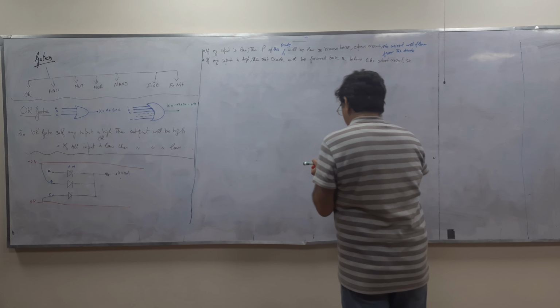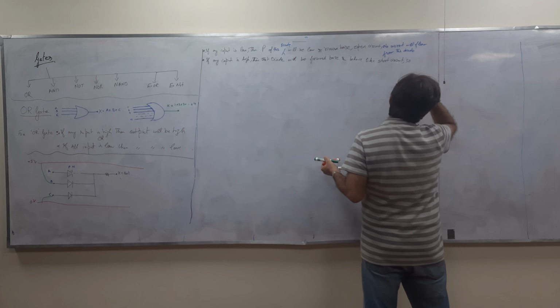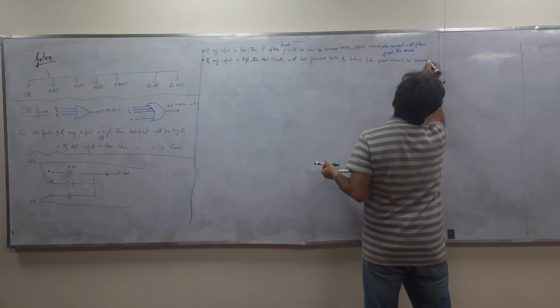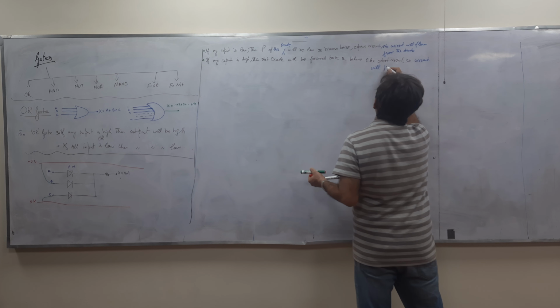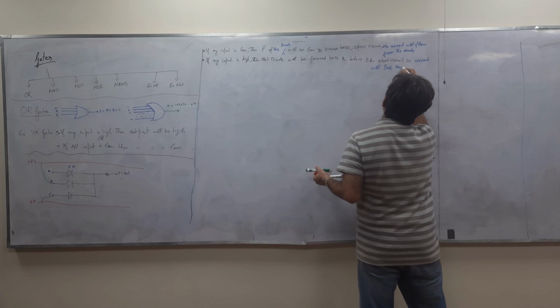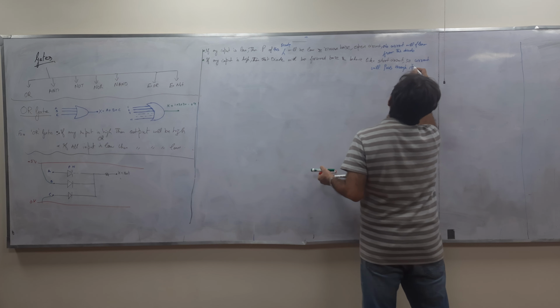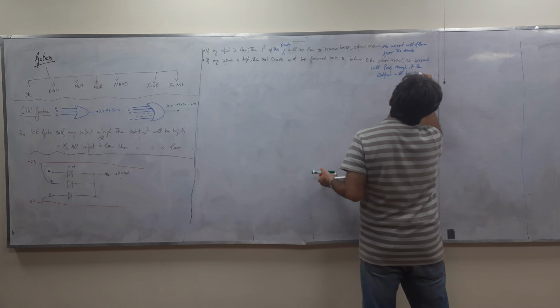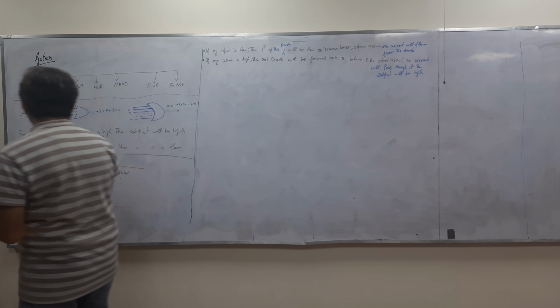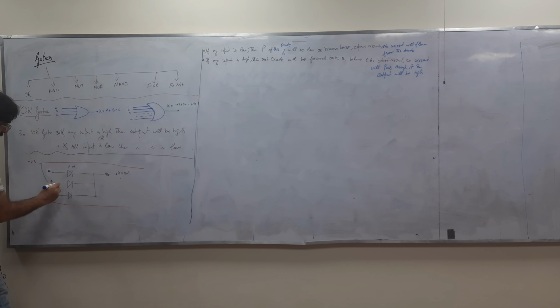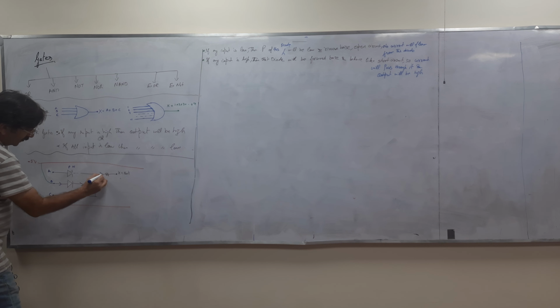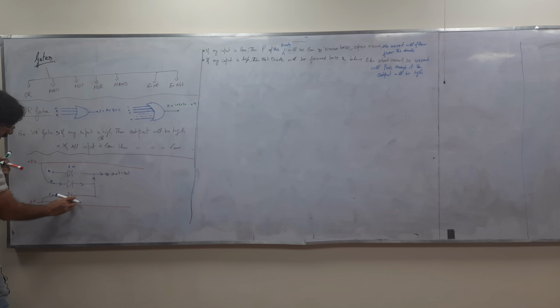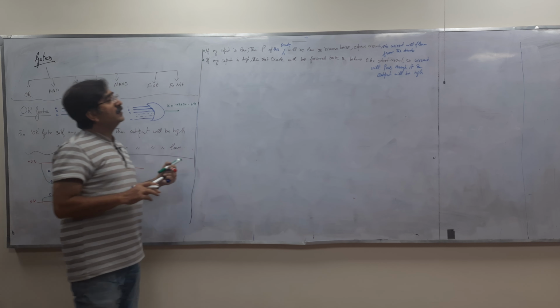So current will pass through it and the output will be high. For example, if B is high, then the current will pass through this, and this will be treated as open. No current will pass through that, but the current will pass through this. If anything is high, then output will be high.